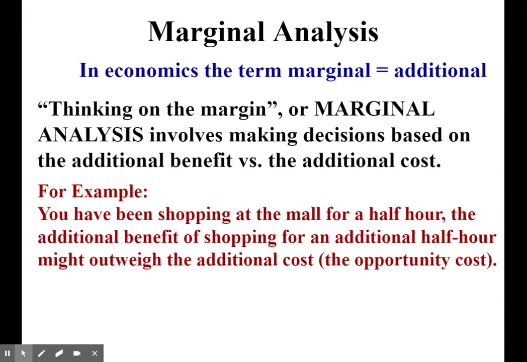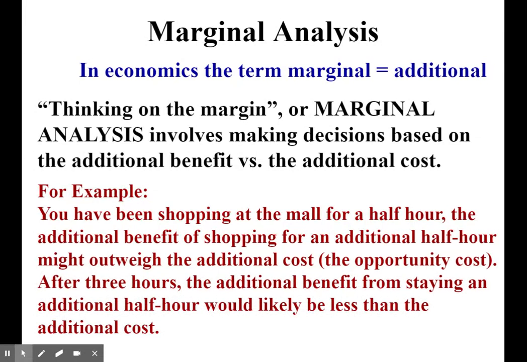So another example, you've been shopping at the mall for a half hour. The additional benefit, or the marginal benefit of shopping for the marginal half hour, might outweigh the additional cost, right? That's your opportunity cost. So after 3 hours, the additional benefit from staying an additional half hour would likely be less than the additional cost.